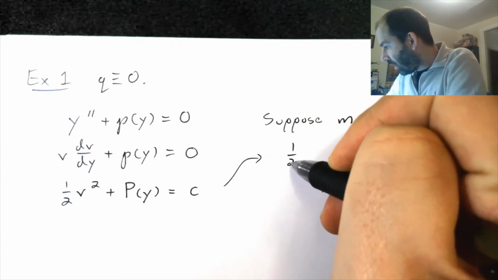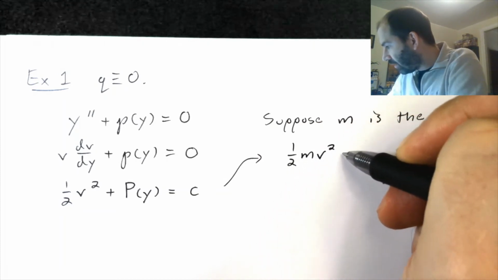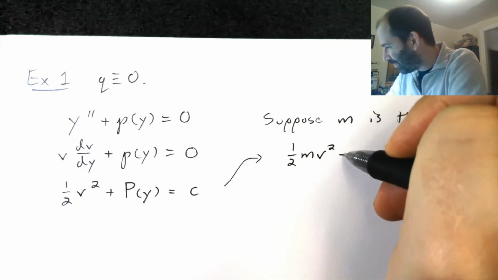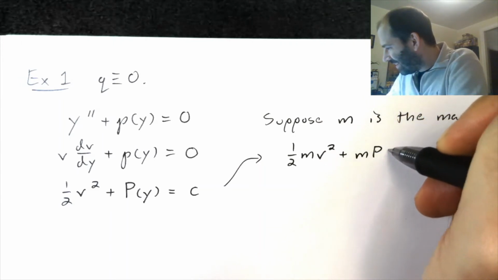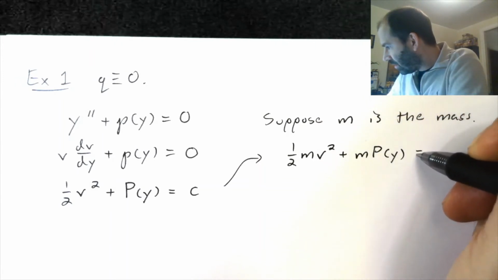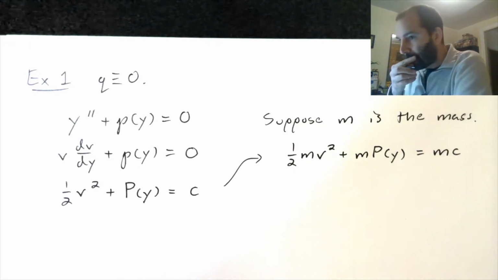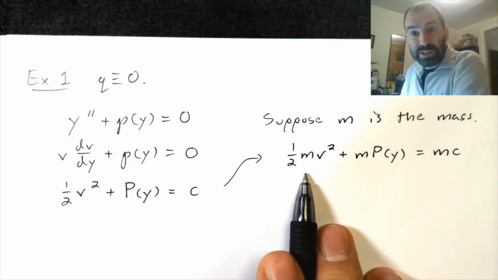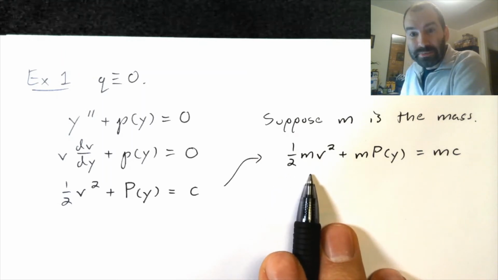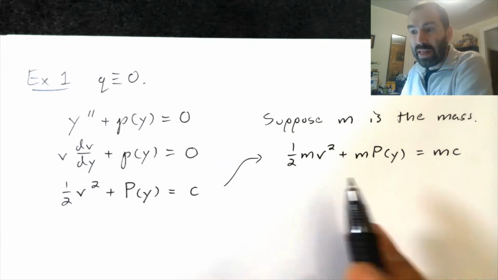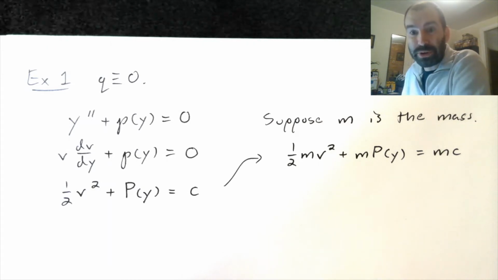So I'm going to have 1/2 mv squared. And you physics people should be thinking, oh, I've seen that before. Now, physics people, what is this? That's kinetic energy. 1/2 mass times velocity squared. That's the formula for kinetic energy.